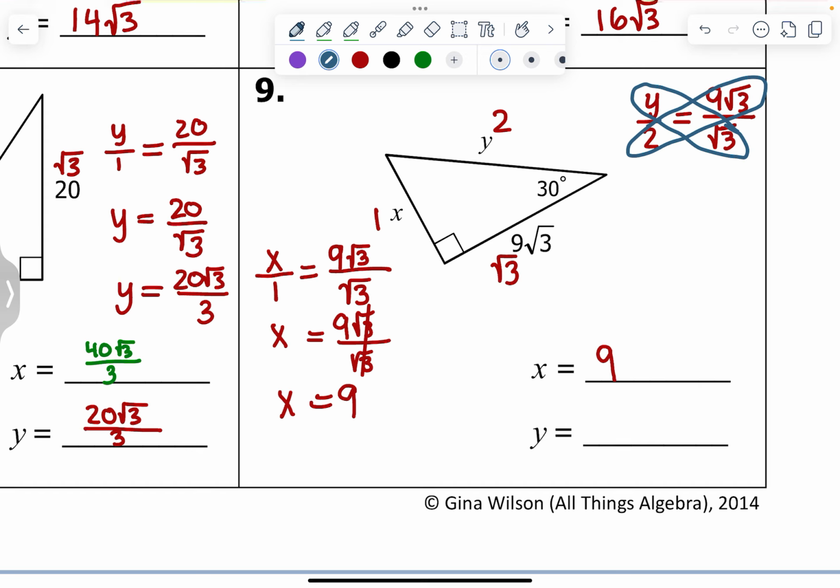Y times radical 3 is y radical 3. 9 radical 3 times 2 is 18 radical 3. All right, we are going to divide by radical 3 on both sides so that y will be by itself. These radical 3's cancel out, and I'm left with y equals 18.